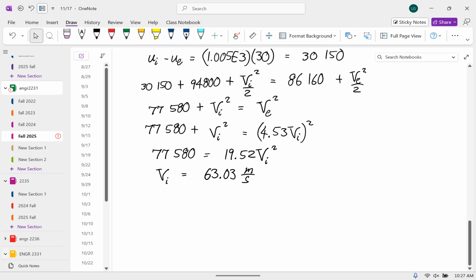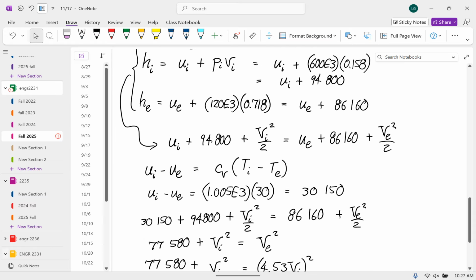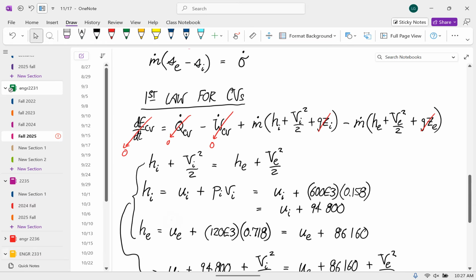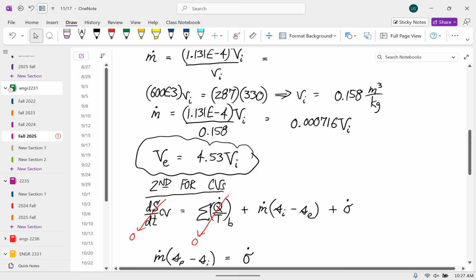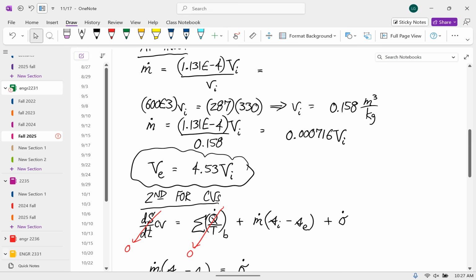And then V exit is 4.53 times this, so 285.51. And then we're trying to find the mass flow rate. Now we can calculate that because we have the speeds.